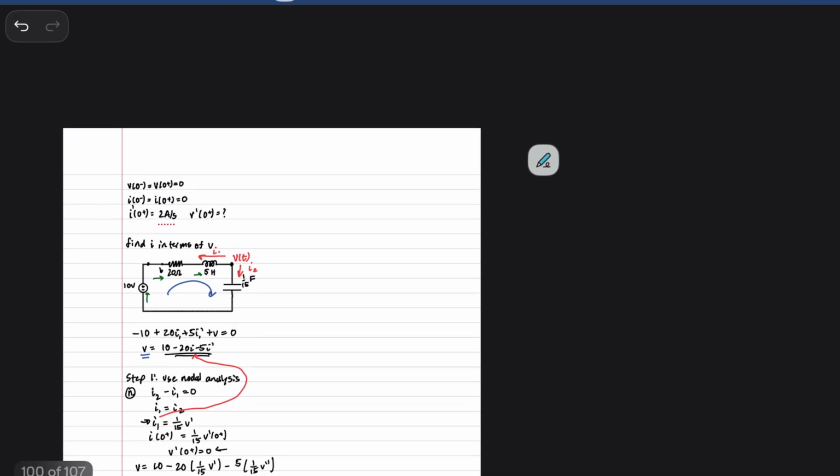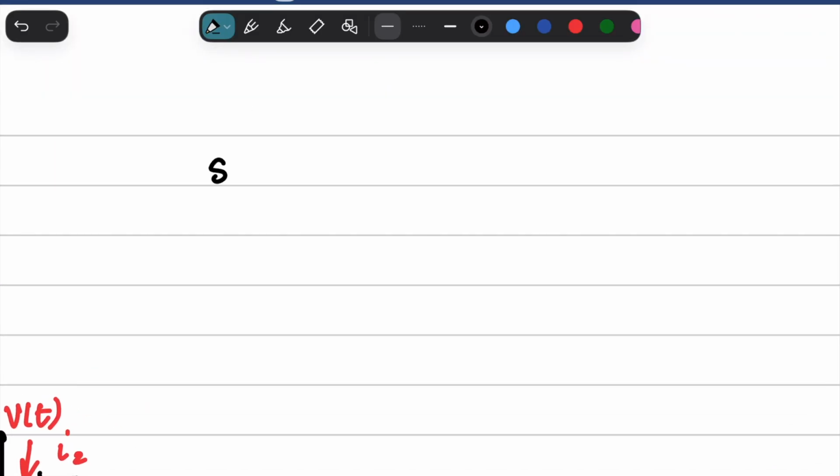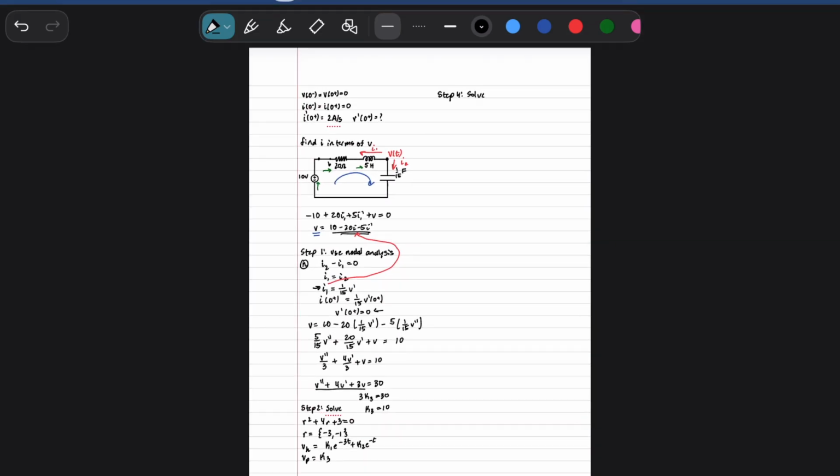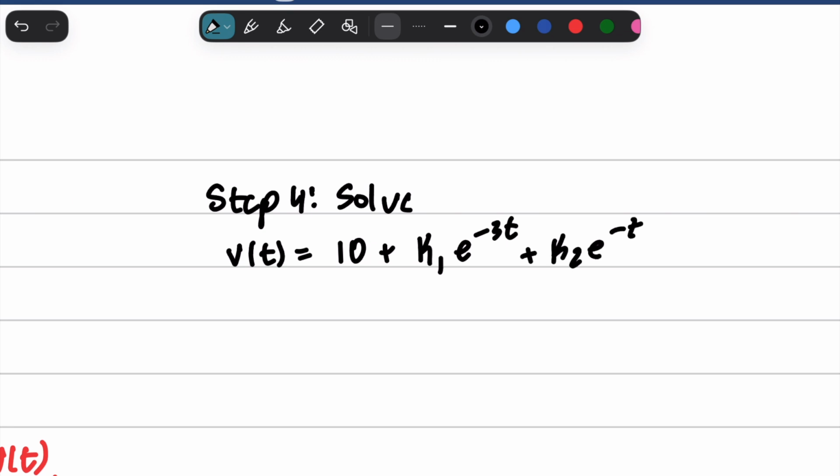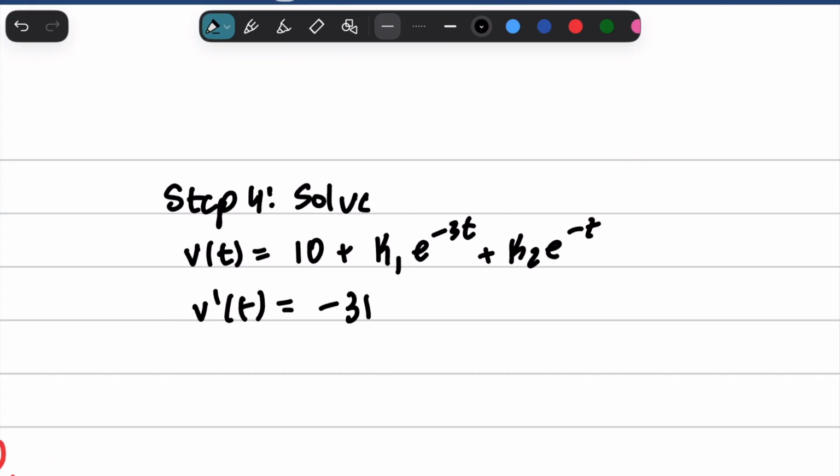And so when we go up here, I'm going to say solve, and what we're going to do is we're going to have this v of t, which is the whole solution, is equal to 10 plus K1 e to the -3t plus K2 e to the -t. And v prime of t is going to equal -3K1 e to the -3t minus K2 e to the -t.